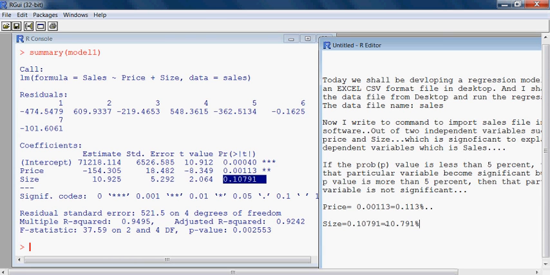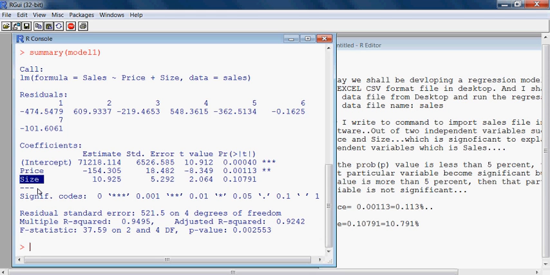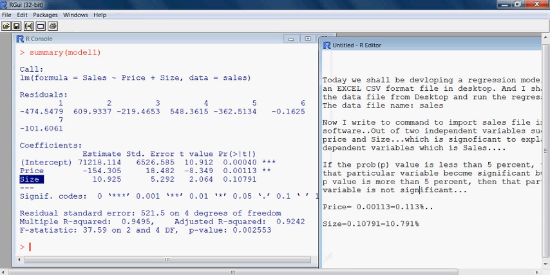And 10.791% is more than 5%, meaning that size is not a variable to explain our dependent variable, which is sales, because size is not a significant variable, because p value is 10.791%, and that is more than 5%. So size is not a significant variable to explain our sales.